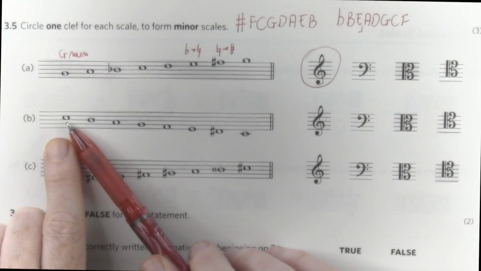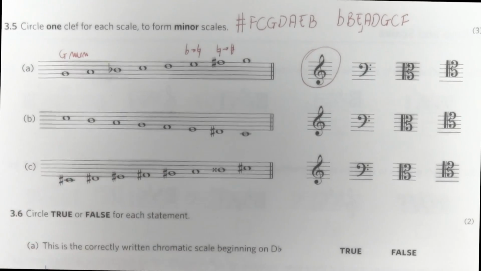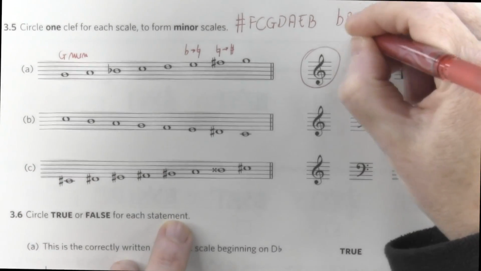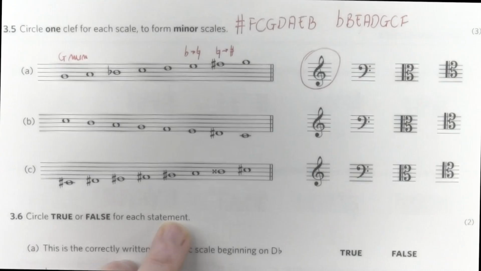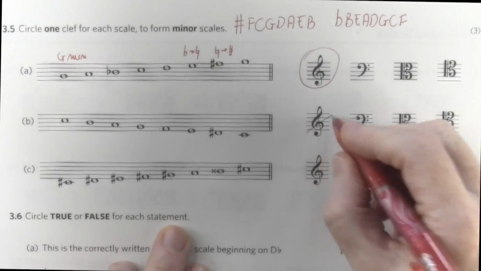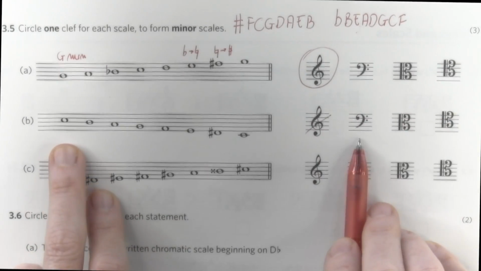Second example. In the treble clef, this will be C. C minor is the relative minor of E flat major, and E flat major has 3 flats. So we don't have any flats here, so I don't think it's the treble clef. In the bass clef, this will be E minor.